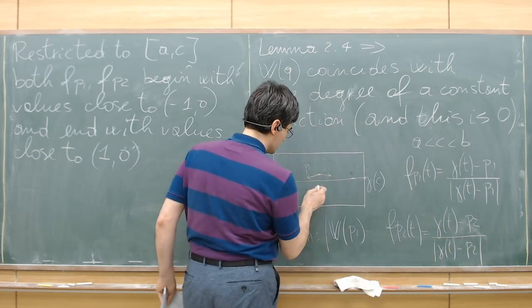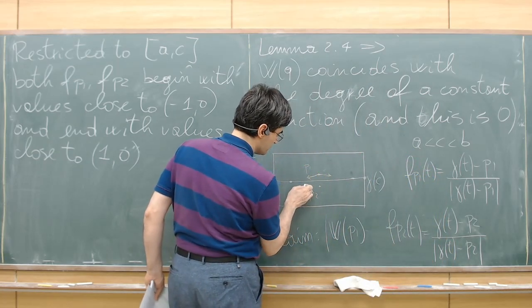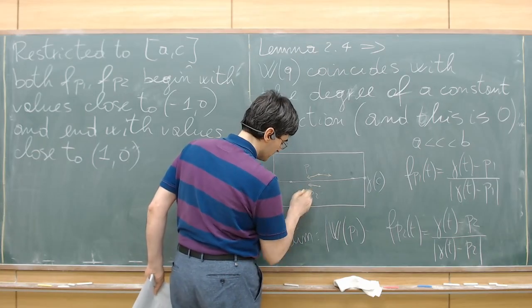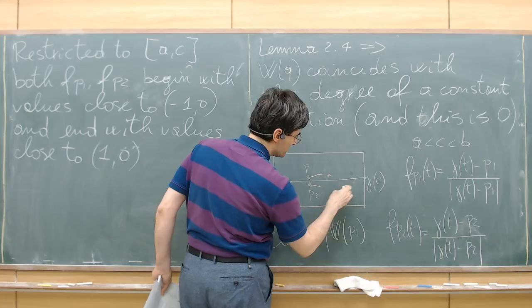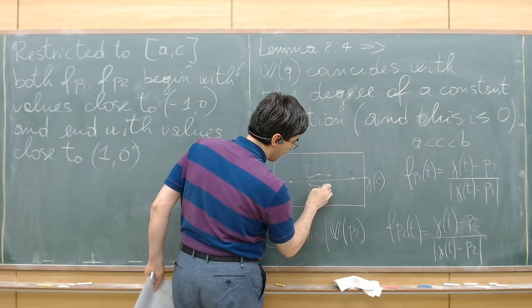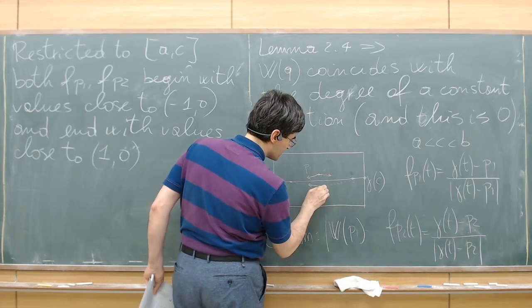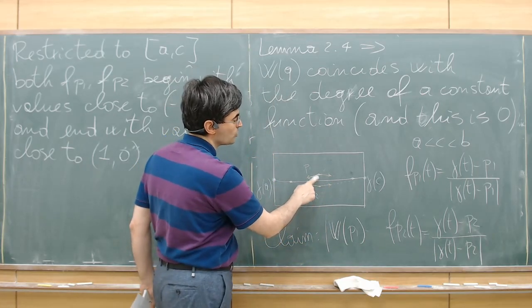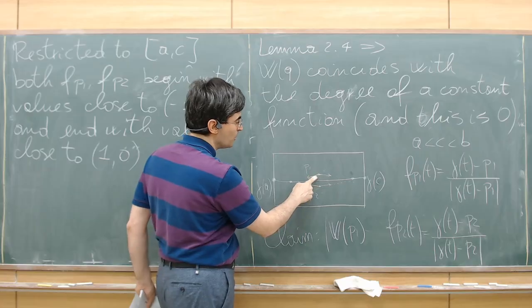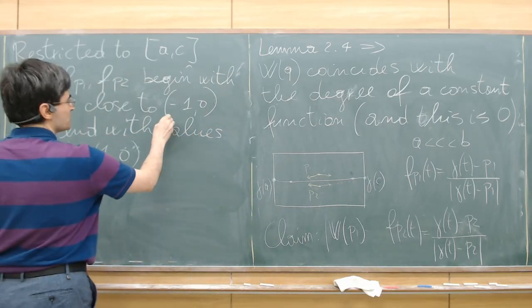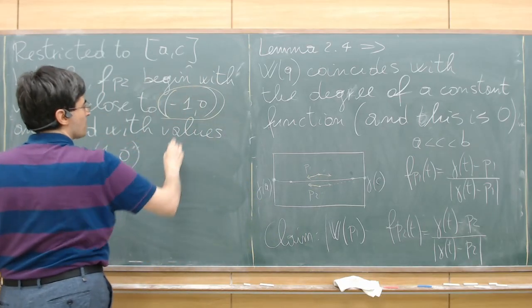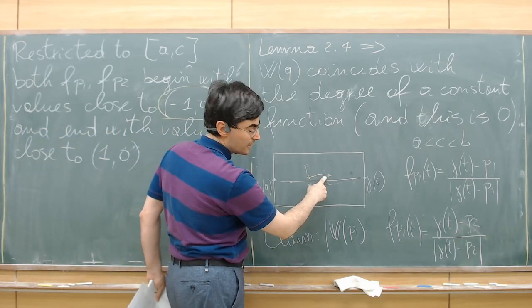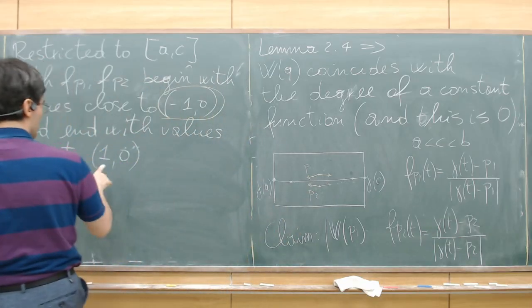So for example, you get this vector here, instead if you work with this point, you get this vector here. You see, this vector is close to this one, and both of them are close to this vector here.